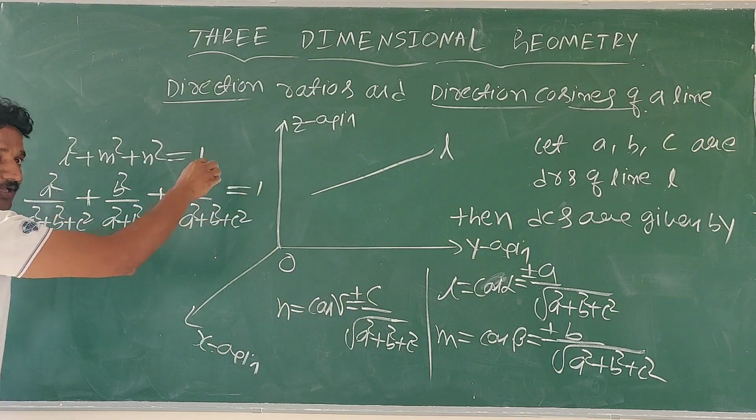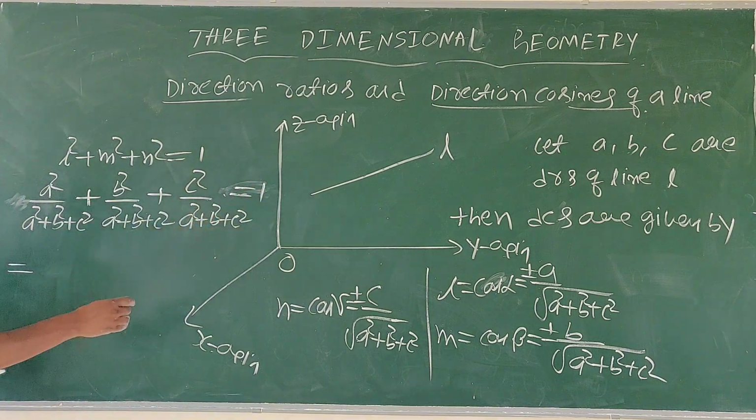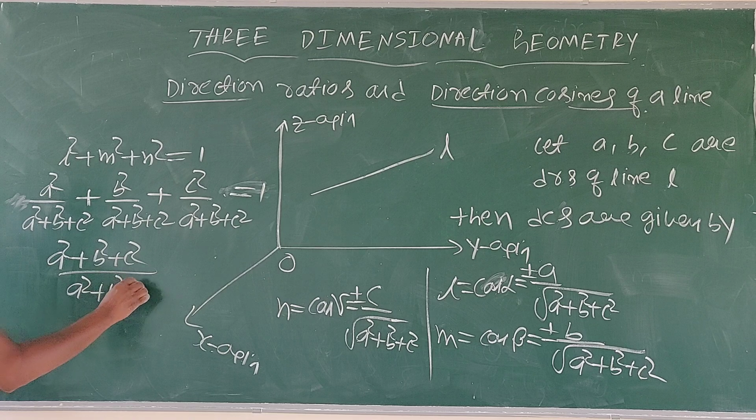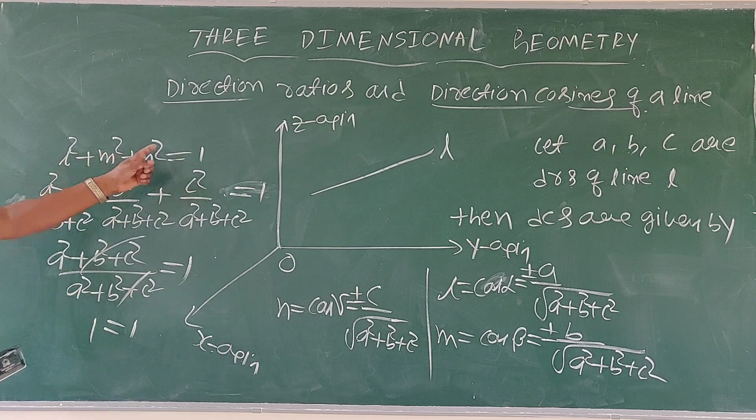Same denominators, so add the numerators: a square plus b square plus c square by a square plus b square plus c square is equal to 1. Proved. So what is the value of l square plus m square plus n square? 1.